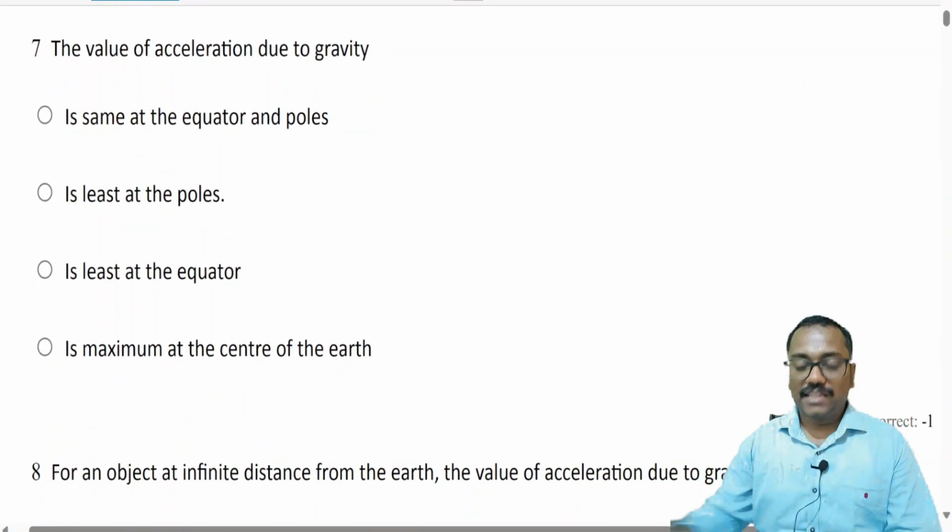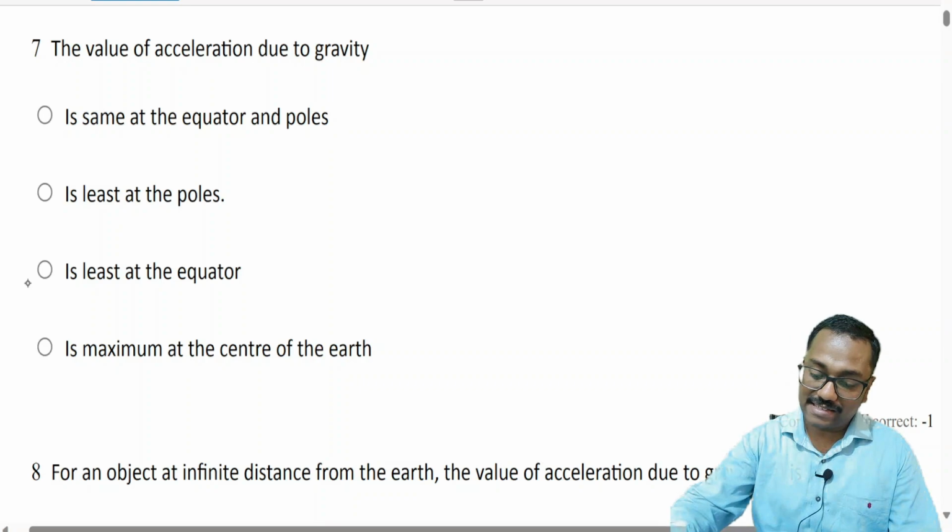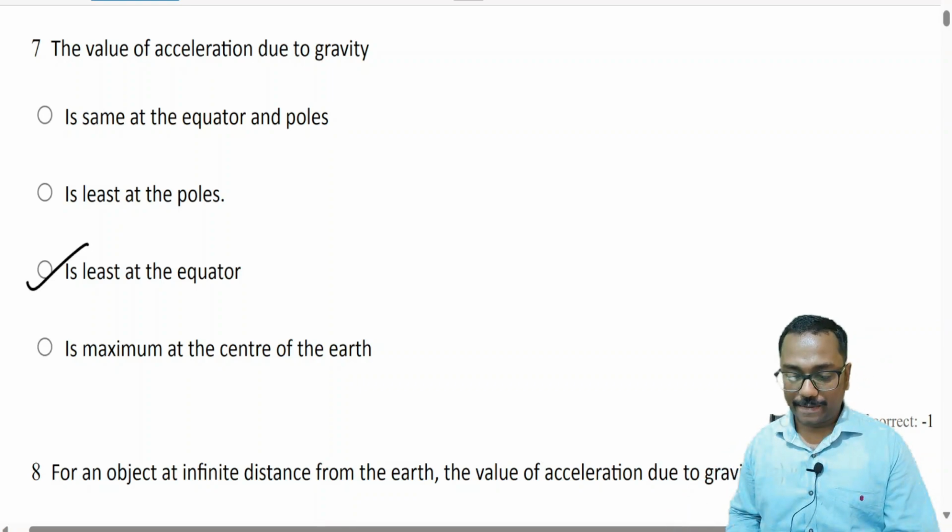Seventh question, the value of acceleration due to gravity: option 1 is same at the equator and the poles, second is least at the poles, third is least at the equator, fourth is maximum at the center of the earth. Its answer is least at the equator, right?